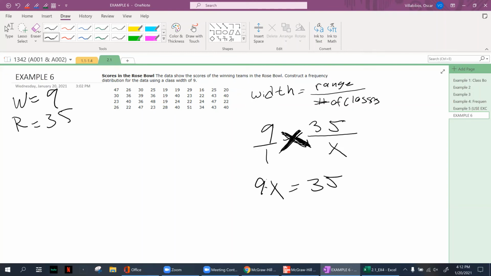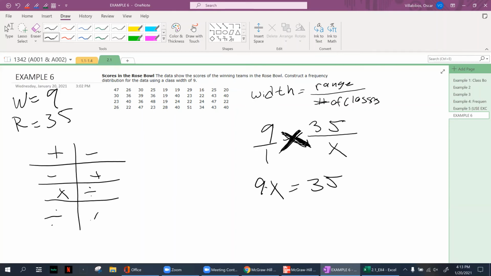9 and x are multiplying each other, and let's remember from college algebra, if two things are multiplying, you solve for x by dividing.